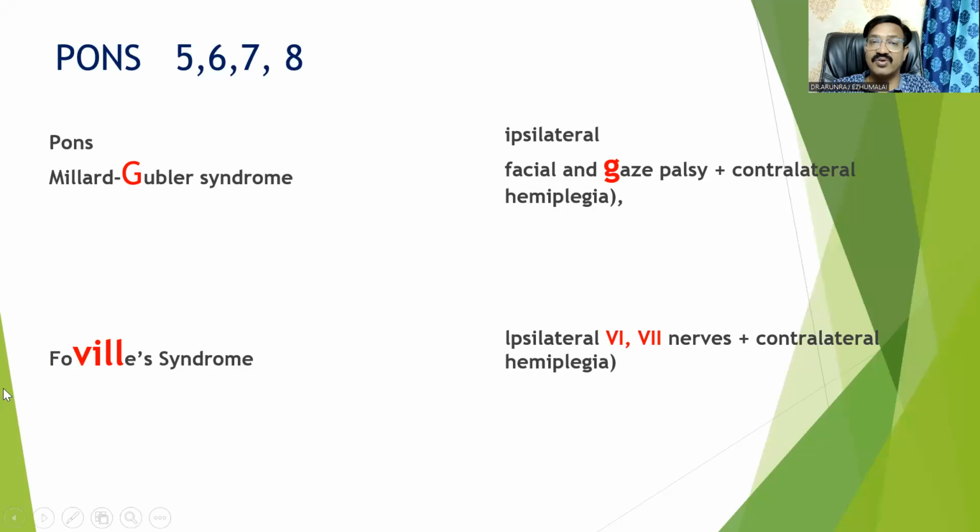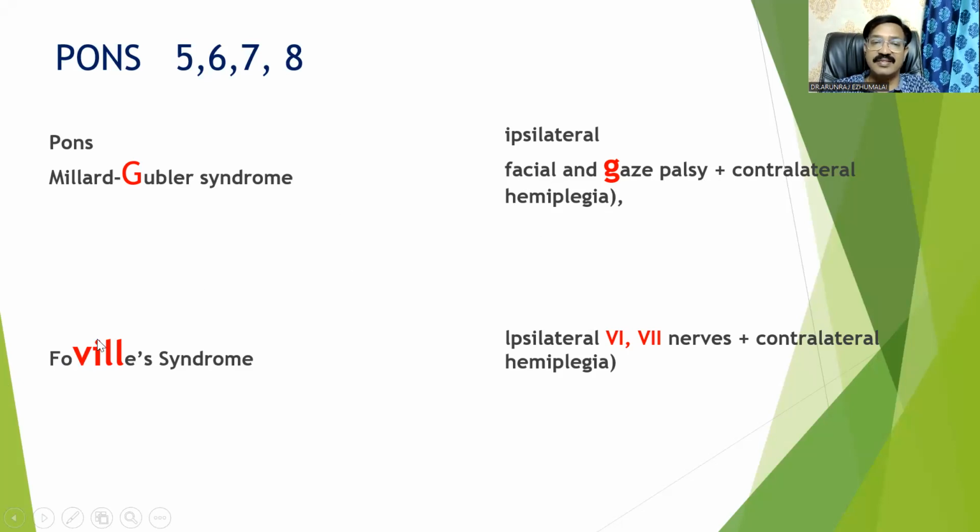In the pons, I have told you the 5th, 6th, 7th and 8th cranial nerves. So if these cranial nerve features are there, we have to suspect these syndromes. Millet-Gubler syndrome: the patient will have facial nerve palsy, so 7th nerve palsy, as well as gaze palsy. G for G, Millet-Gubler will have gaze palsy, and the patient will have contralateral hemiplegia. I have told you all these cranial nerves will be on the same side, but hemiplegia will be on the opposite side, crossed hemiplegia.